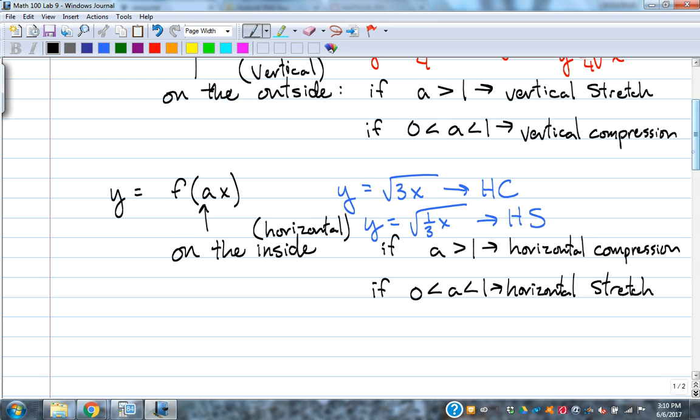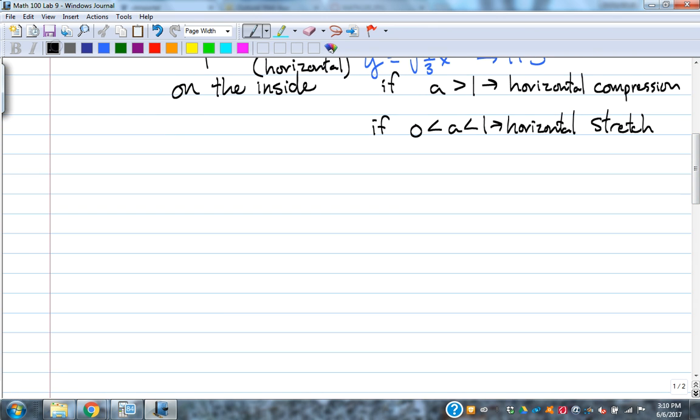Now, when dealing with function translations, when you're going to move up or down, left or right, you're looking at things happening on the outside.